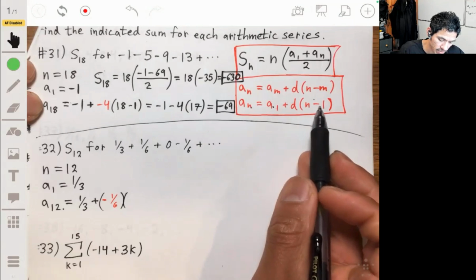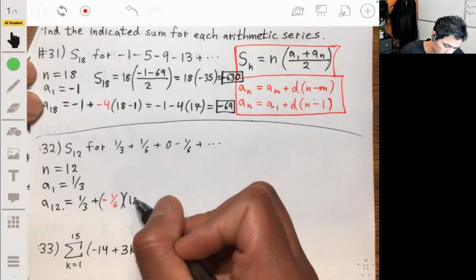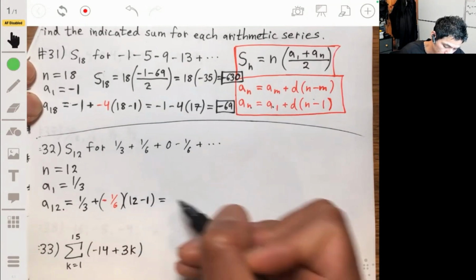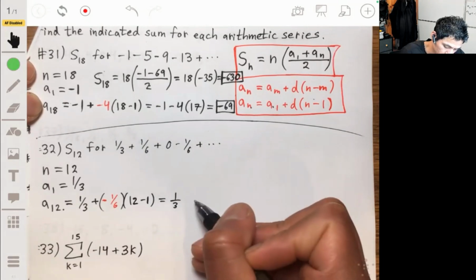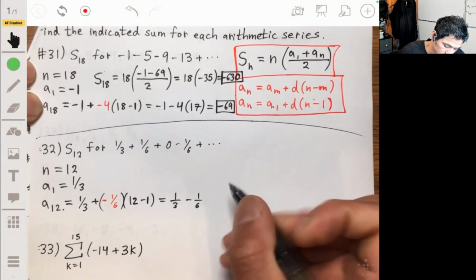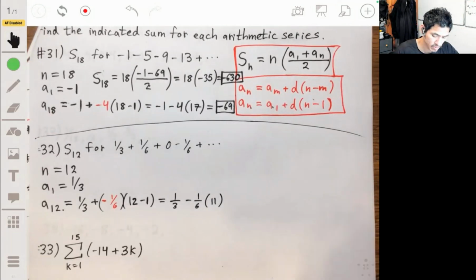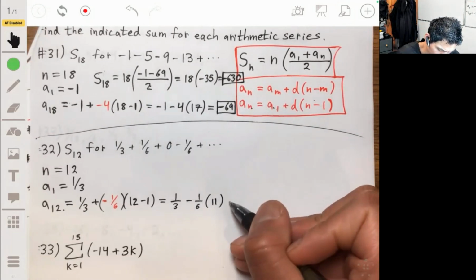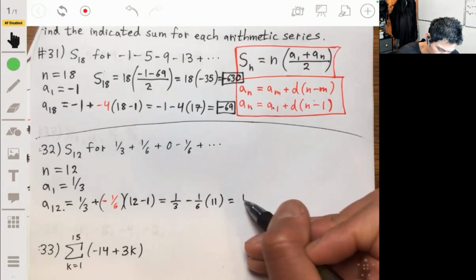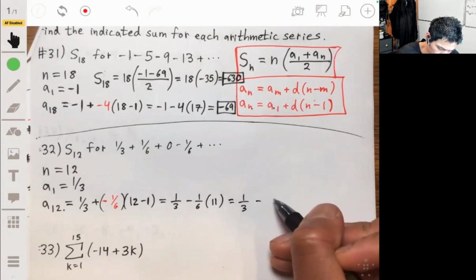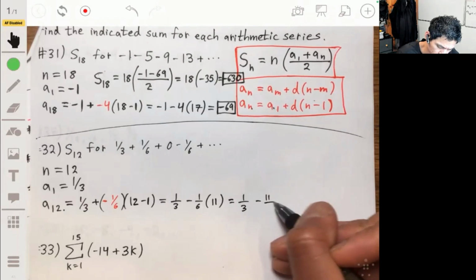Times N minus 1, or 12 minus 1. So this will be 1/3 minus 1/6 times 11. So 1/3 minus 11/6.